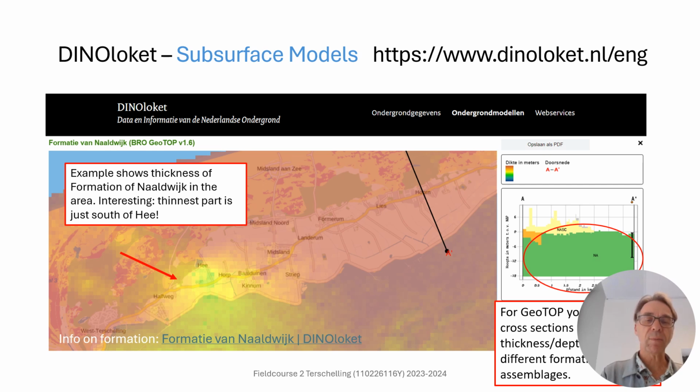We should track a profile in here to find out, but it looks like there's a thinner part of the Naaldwijk formation, and perhaps something of the shape of the island has to do with the thinner part, the morphology of the island. The curvature of the dike here might be related to the thinner position of the Naaldwijk formation.